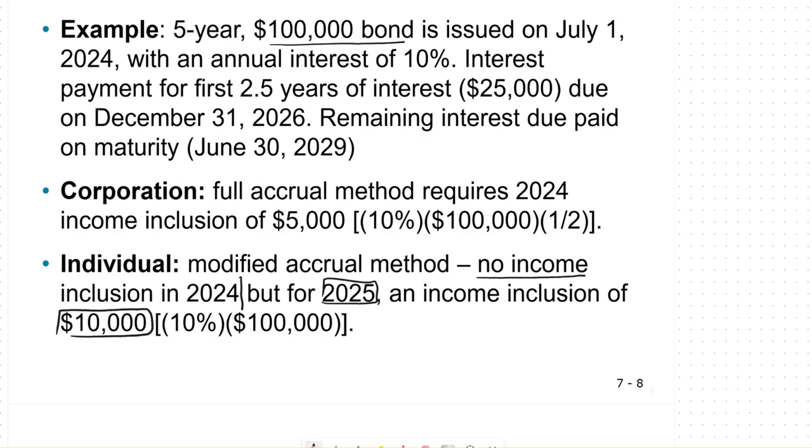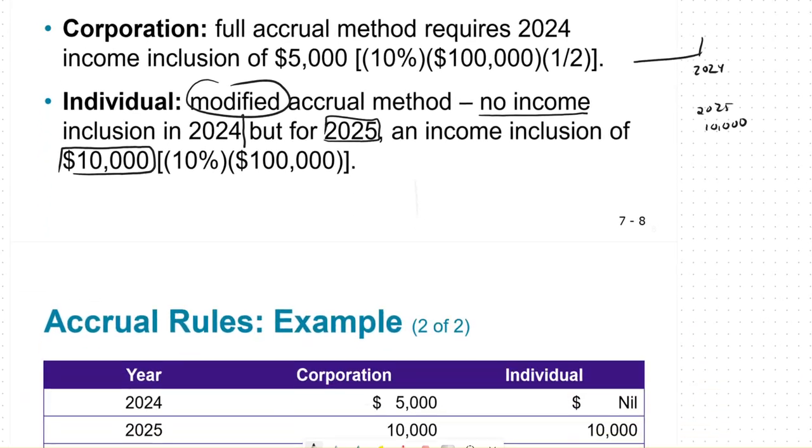They will not be reporting any interest income, even though we issued it on July 1st, because they're using the modified method. They're not going to pay any taxes in 2024, but when they file for 2025, they're going to pay taxes on the full $10,000, which is different from the corporation. The corporation uses the full accrual method.